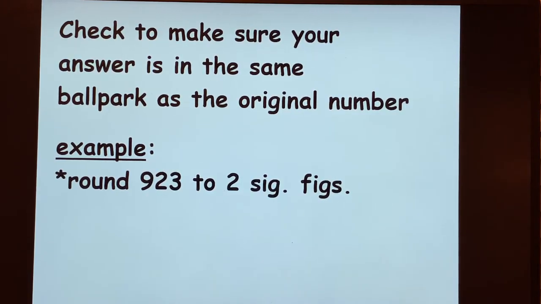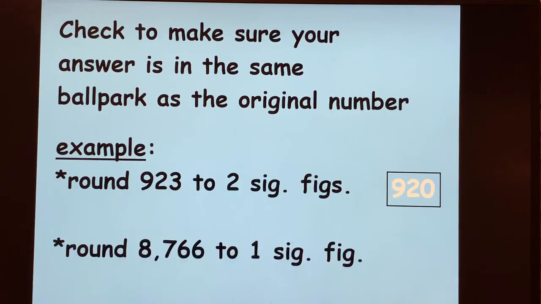Okay? So using our rules, we would underline the 9 and the 2 and put an arrow into the 3. The 3 was not higher than a 5, so we're not going to make it 92, because 92 is not near 923, but 920 is, so the 3 just turns into a 0, okay?